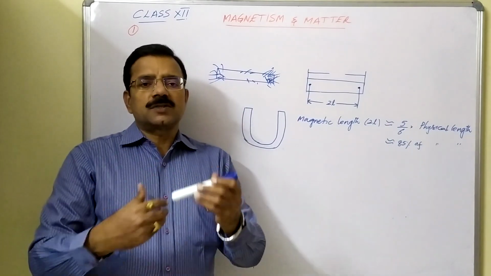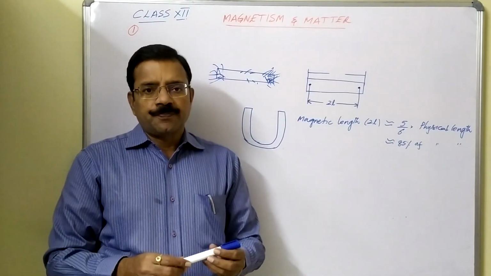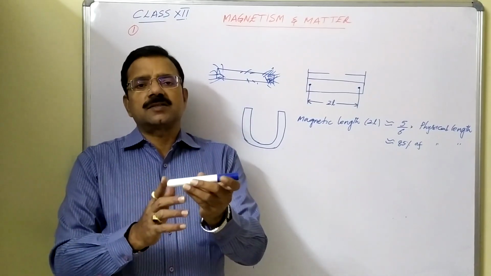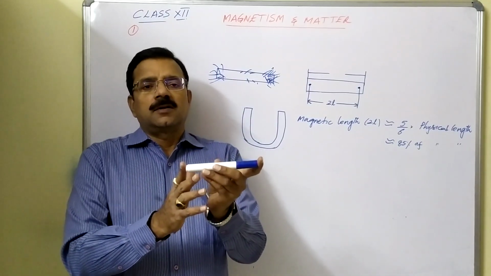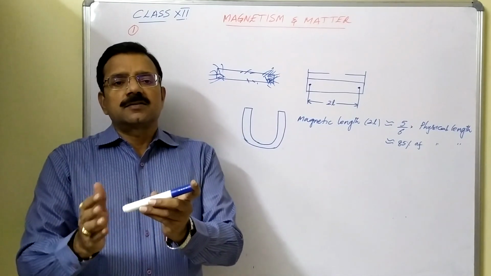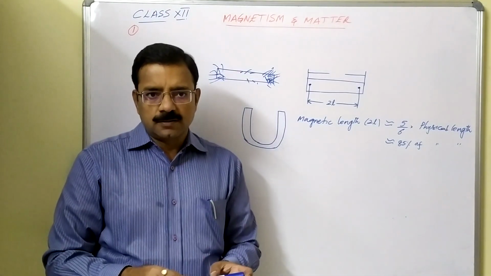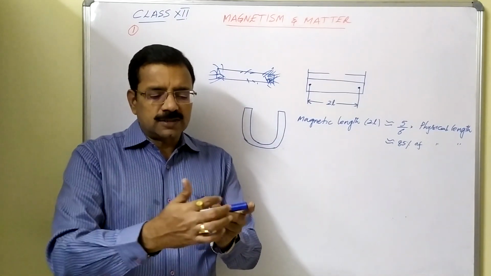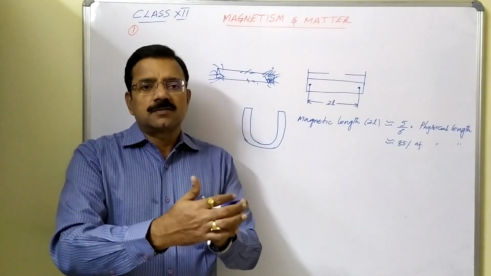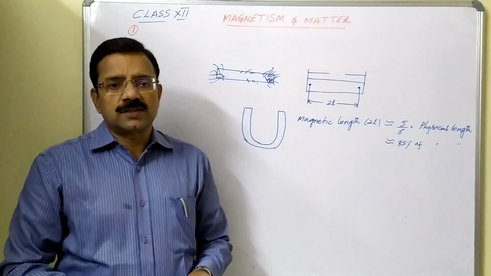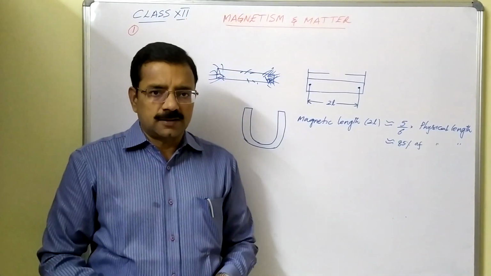Or one can pose the question the other way around. If the magnetic length is 10 centimeters, what is the physical length? The physical length is 6/5 times the magnetic length, so 6/5 times 10, that is 12 centimeters.